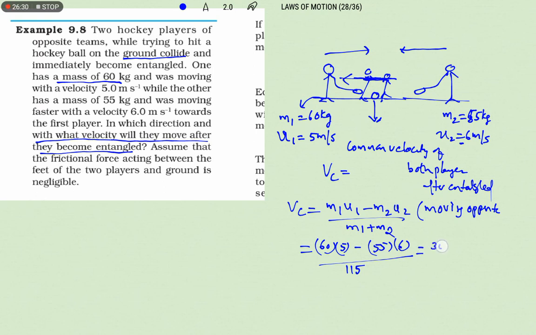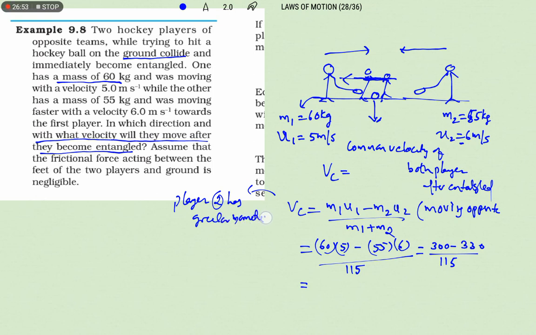So this is 300 minus 330 by 115. So here you can observe whose momentum is maximum. Player 2 has greater momentum.